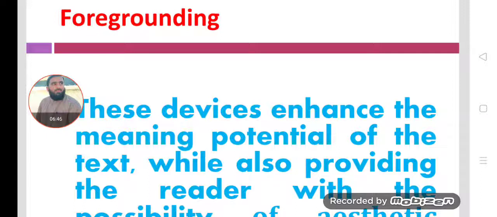So they use foregrounding, deviation or parallelism for the sake of appreciation and beauty. The language of poetry is said to be the best words in the best order, and this order comes through foregrounding, deviation and parallelism.